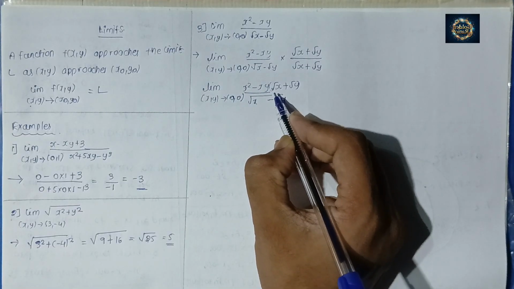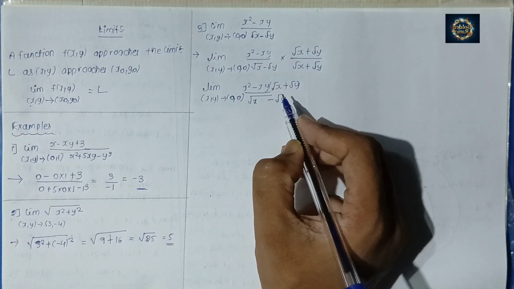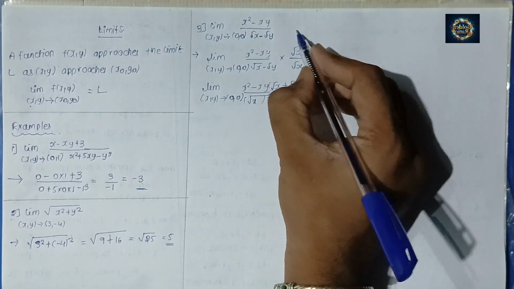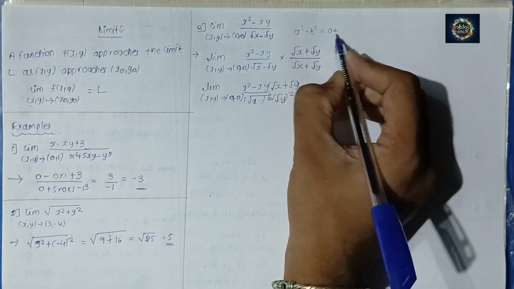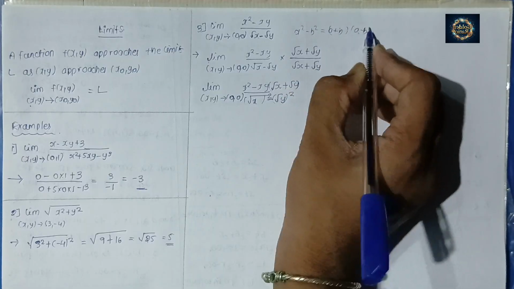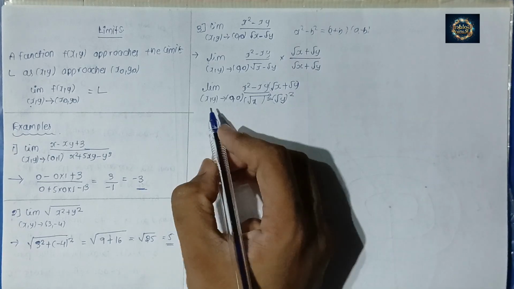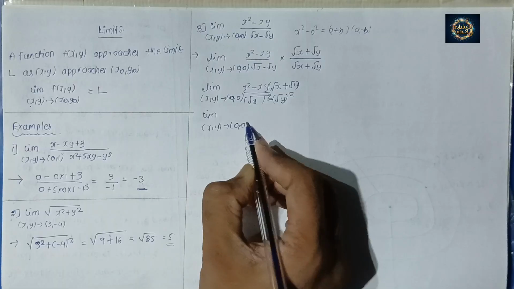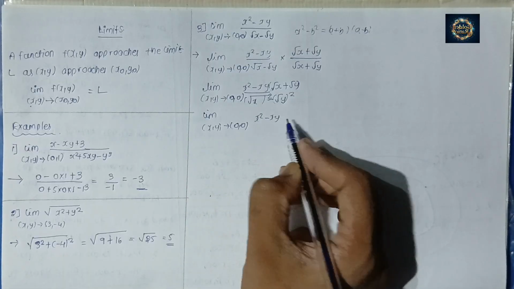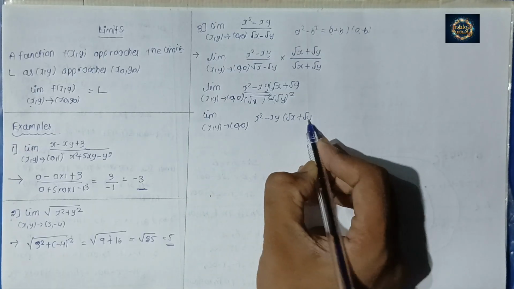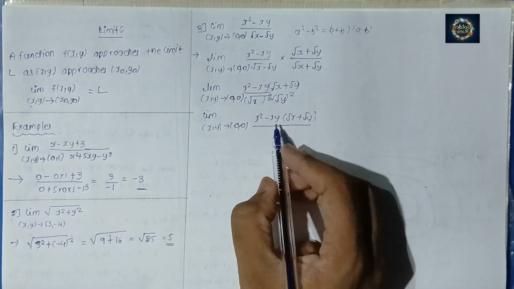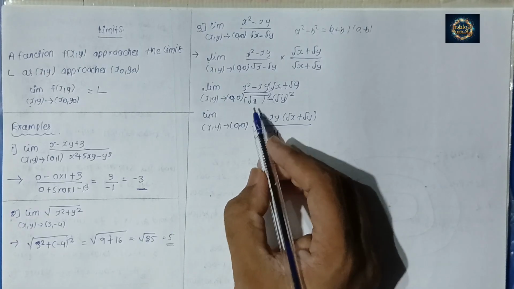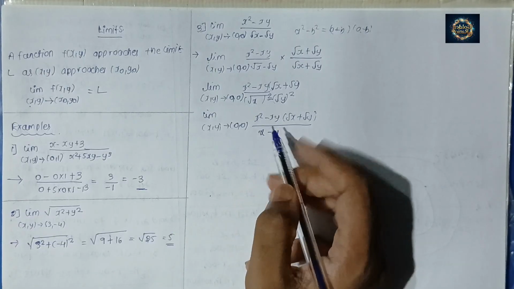In the denominator we know that a minus b into a plus b will be a square minus b square. We know this formula, right? So a square minus b square equals a plus b into a minus b. It is in that form, so we can write it like this. Let us write one more step. x comma y tending to 0 comma 0, x square minus xy, and in the denominator, it will be x minus y, since the square of root x is x.